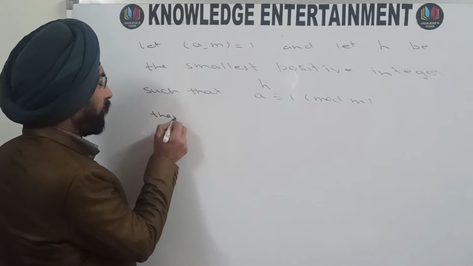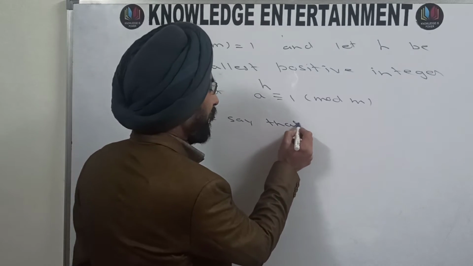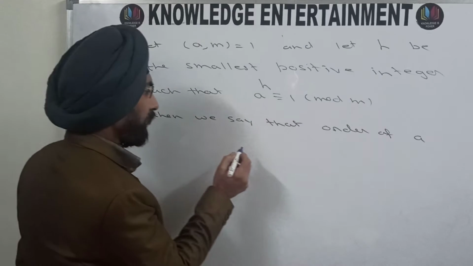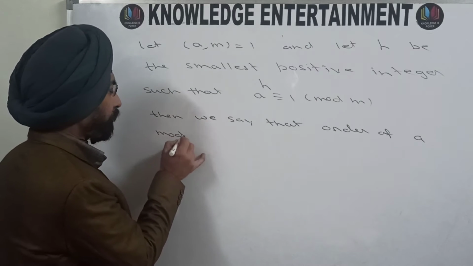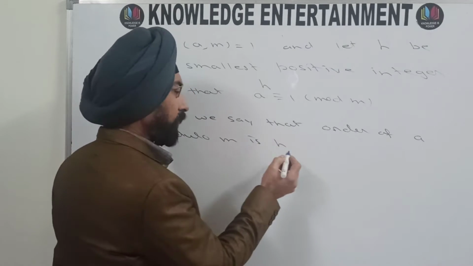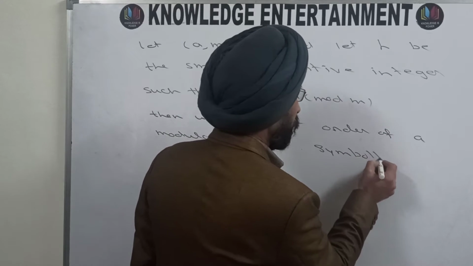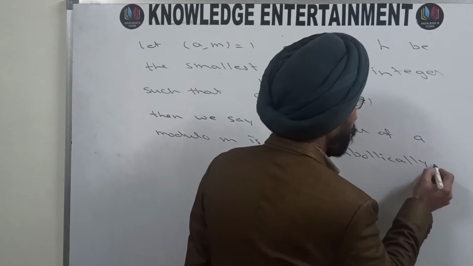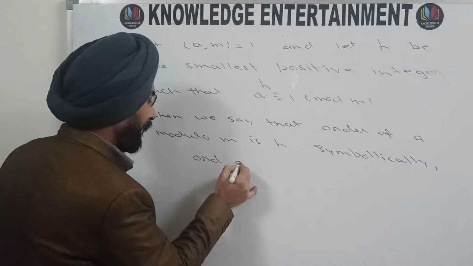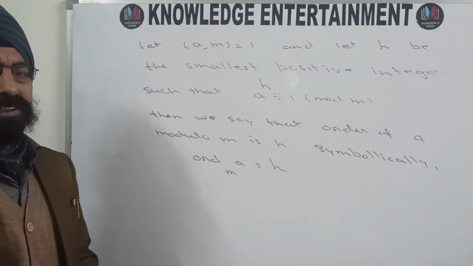Then we say that the order of a modulo m is h. Symbolically, we write order of a modulo m is h.